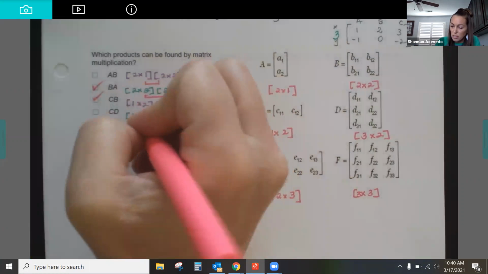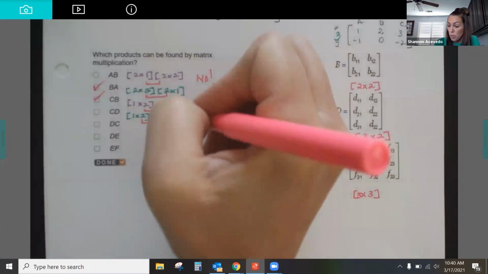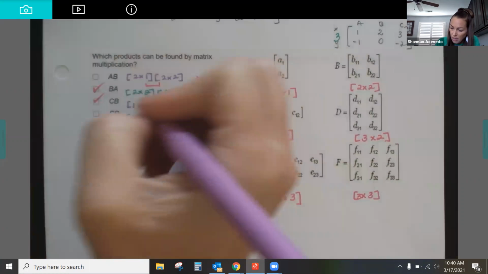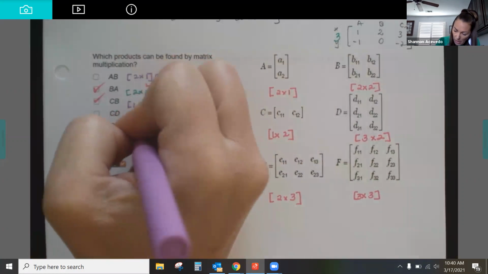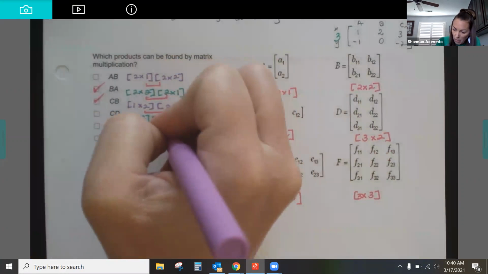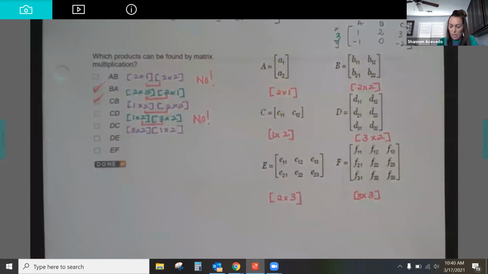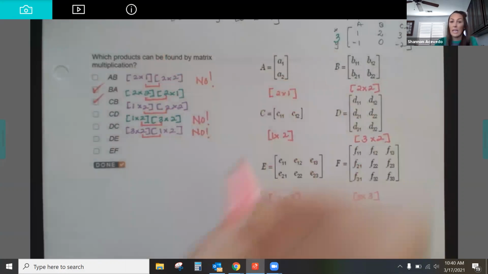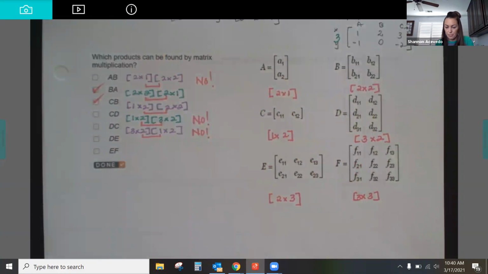Are these inner dimensions the same? The answer is no. So I cannot multiply them. My D, C. So D was my 3 by 2. C was my 1 by 2. Are my inner values the same here? The answer is no. So I cannot multiply them.